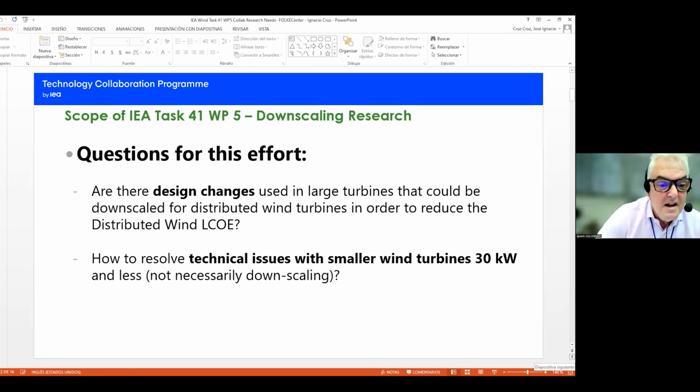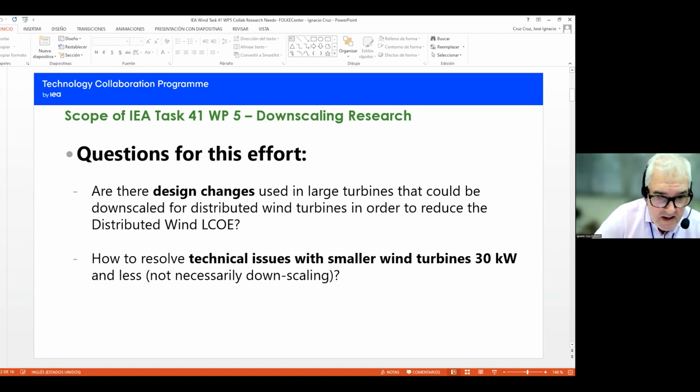So this is the scope of the work. I want to mention that this work has been done by several partners of Task 41, mainly Ian Baring-Gould and Trudy Forsyth from NREL and from Wind Advisors, and some other partners from this task also worked on this activity.